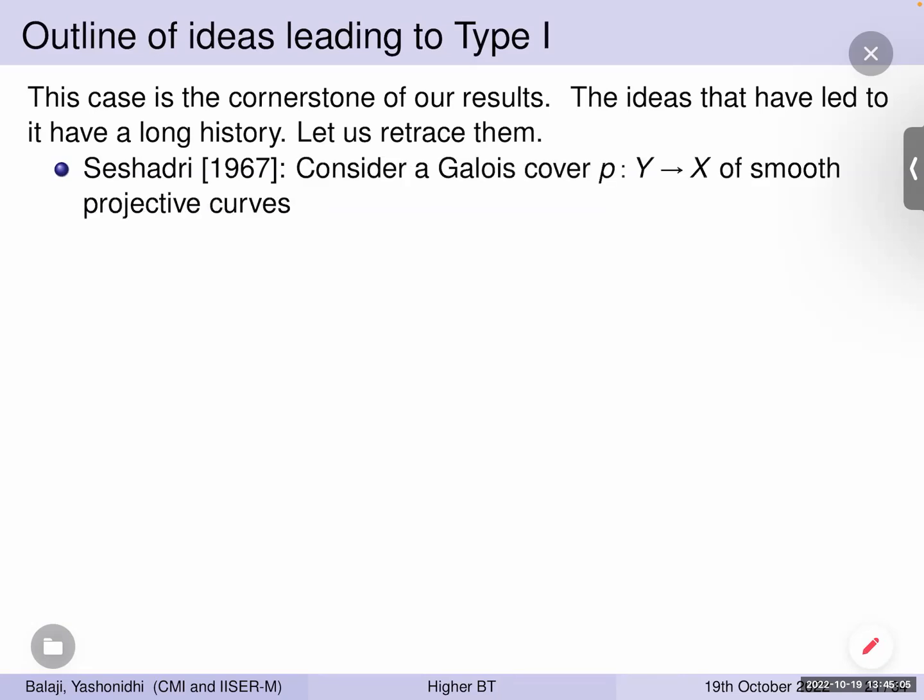Consider the following situation of a Galois cover p from Y to X of smooth projective curves or DVRs with Galois group capital Gamma.